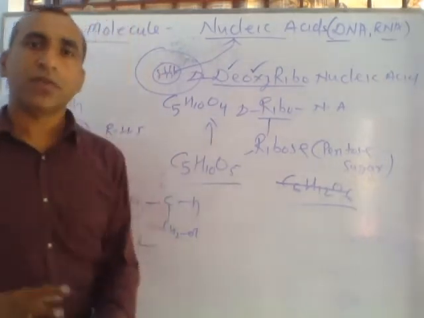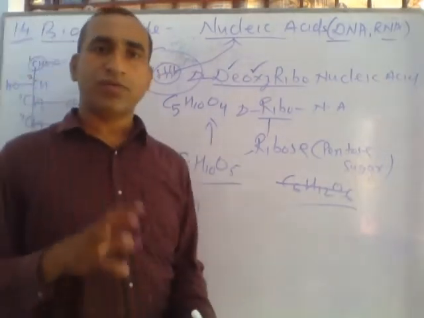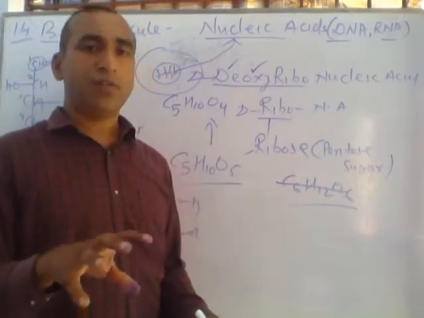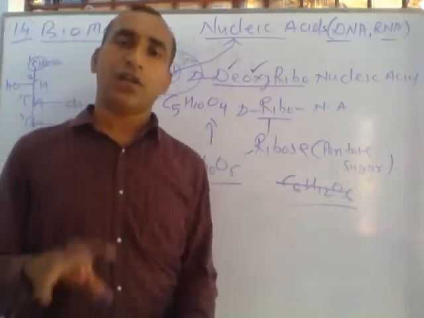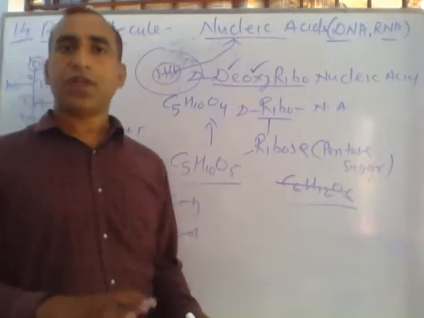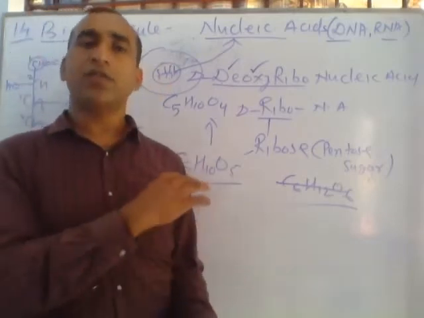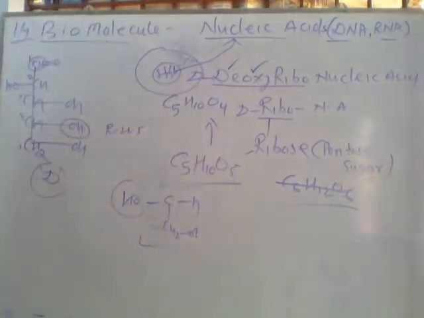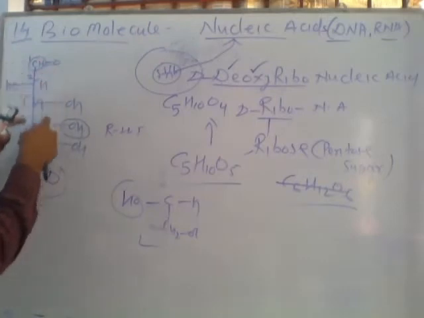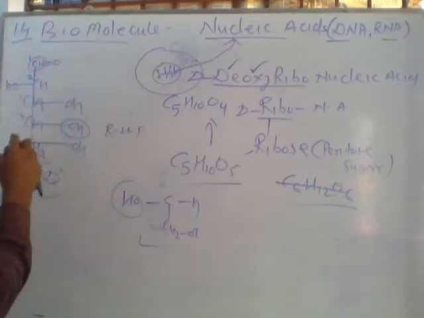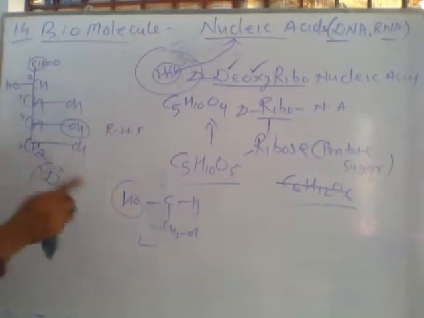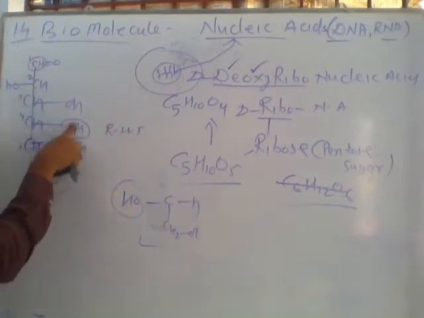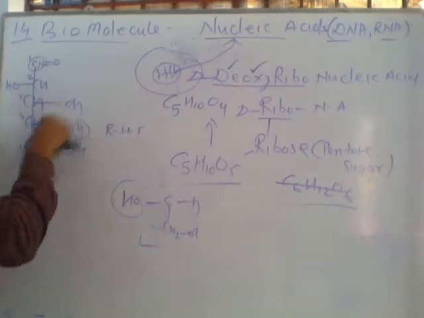Capital D means ribose and deoxyribose belong to the D series, where the OH group is on the right-hand side of the second last carbon. Okay. So this is called the open chain structure of ribose. If we remove one oxygen from the 4th carbon, this is called deoxyribose.